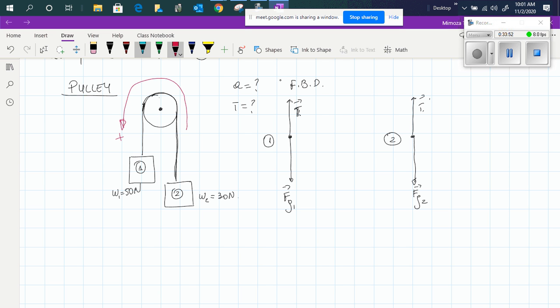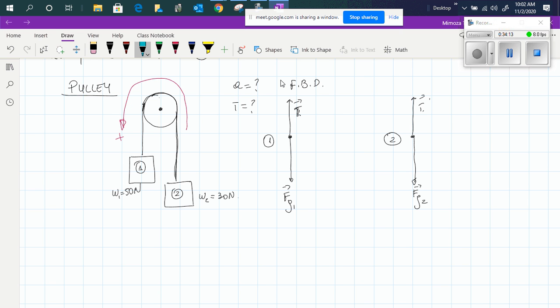But even if you choose the other one, if you choose the clockwise one, based on the calculation, since there is no friction here, you will see that the acceleration will be negative, and the only thing that you have to say is that the direction is the opposite.